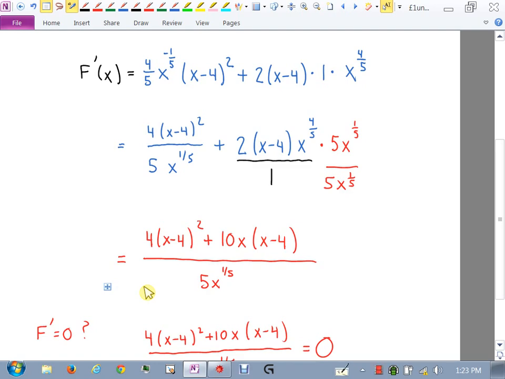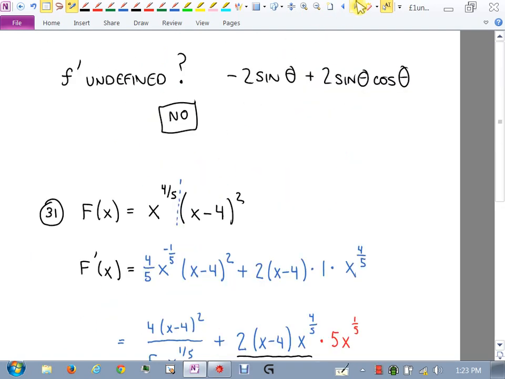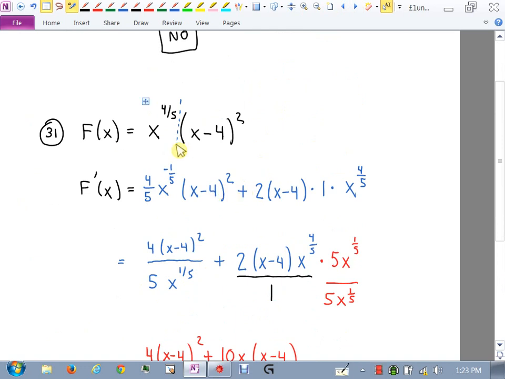But go back to the original function. Could you plug 0 in here? 0 to any power is 0, 0 minus 4 squared. 0 is okay to plug in here, right? You can plug 0 into the original function, but you cannot plug 0 into the derivative. So 0 is a place where the derivative is undefined. Y'all follow that?